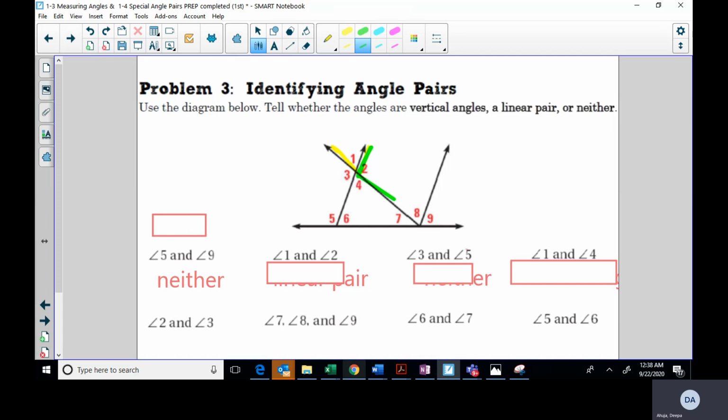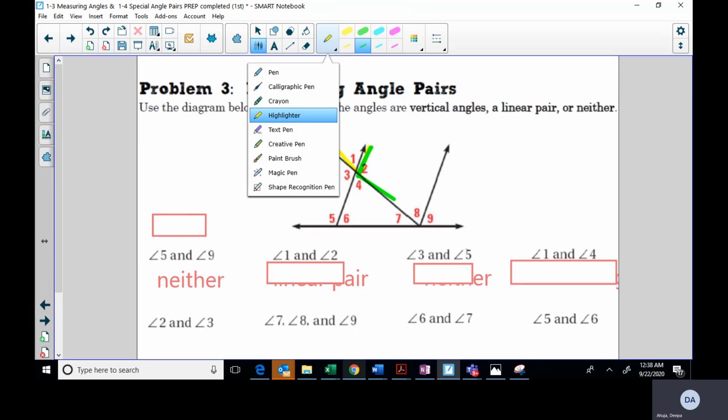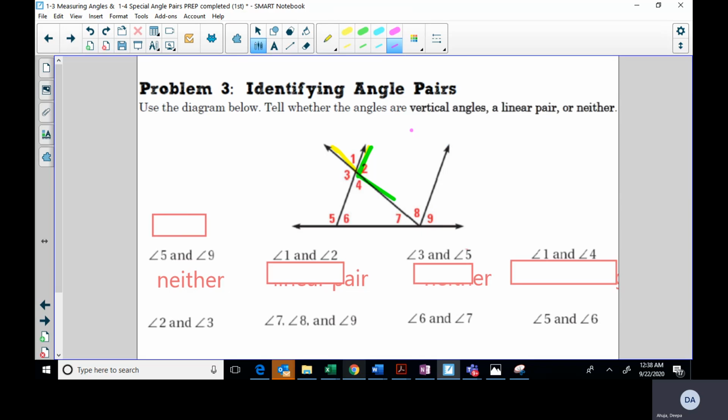Yes, there is one side where I can see both the colors. So they share a common side. Do we have a baseline structure, like a T structure? Let's use this purple color to show that yes, there is one baseline. So angle 1 and 2 have a common side and they have a baseline. In that case, they are forming a linear pair.